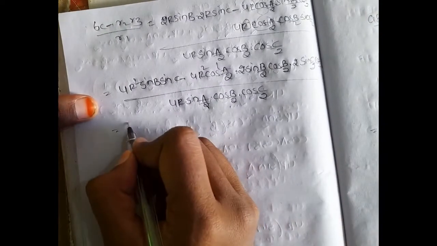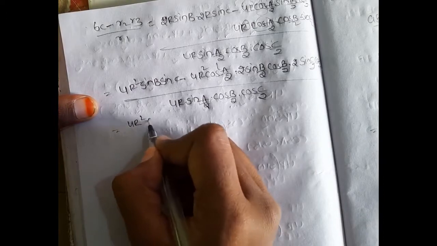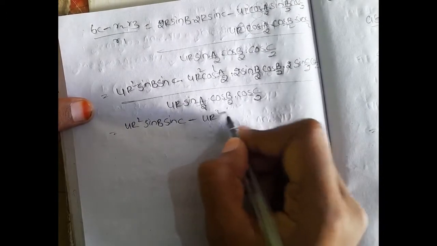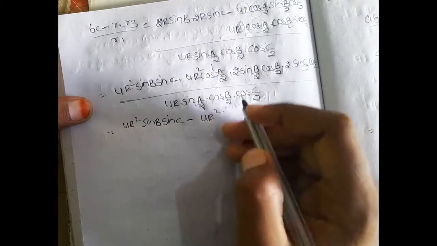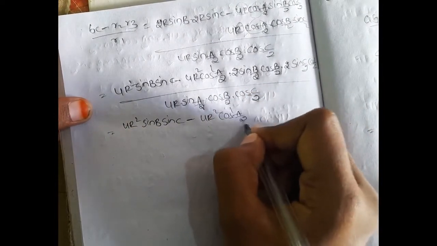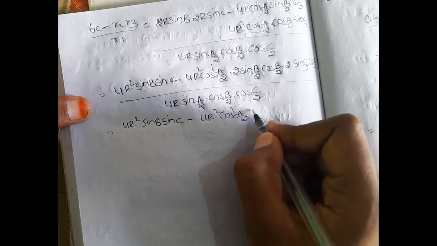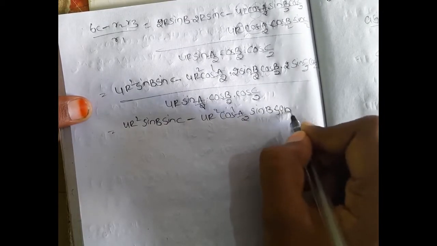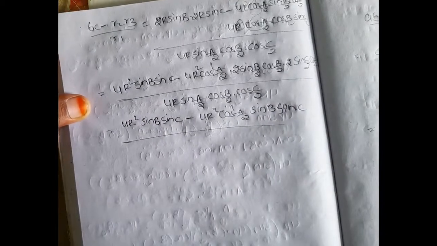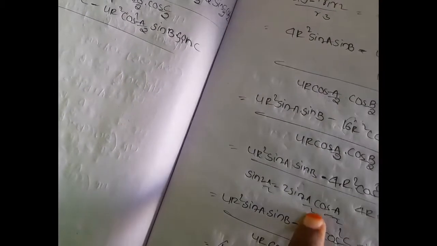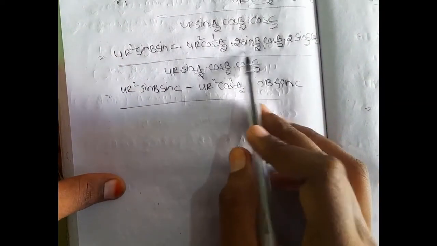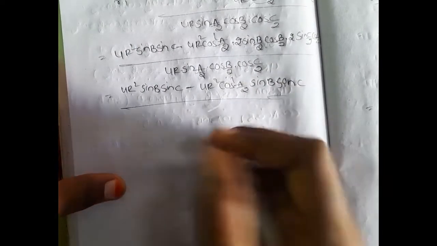Now 4r square sin b sin c minus 4r square cos square a by 2. What is 2 sin b by 2 cos b by 2? Sin b, sin c. Here also, 2 sin a by 2 cos a by 2. Same like that, 2 sin b by 2 cos b by 2 means sin b, and here sin c.